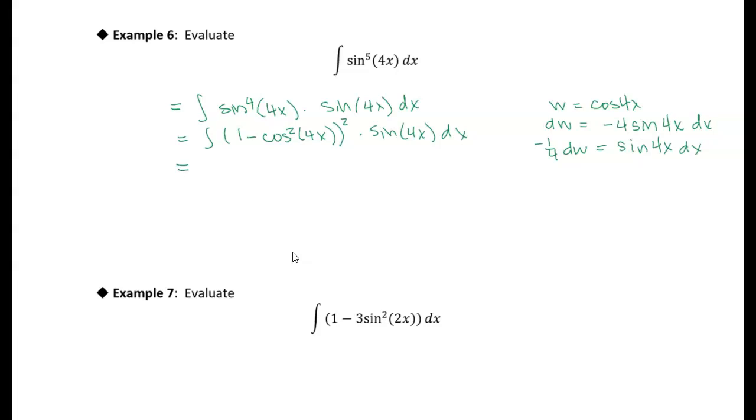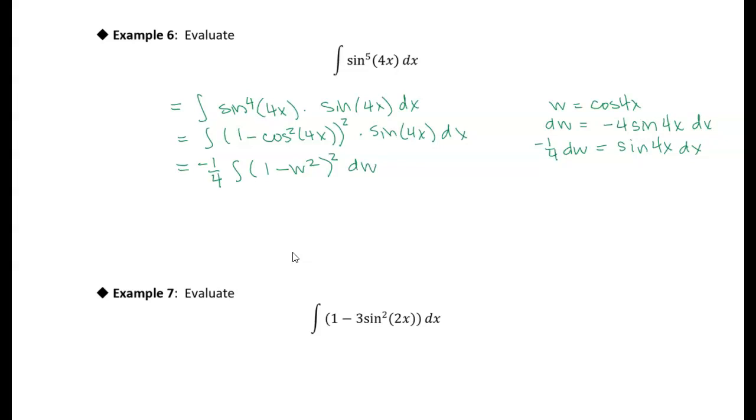Okay, so let's do that. Now, I'm going to bring this -1/4 out front, because I know that's going to be combined with my dw when I do the substitution. So I'm just going to put that out front, get it out of the way. And then I'm going to have 1 minus w squared, squared. Don't drop that. And then I'm going to have dw.